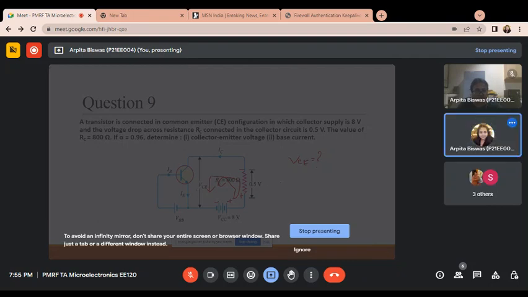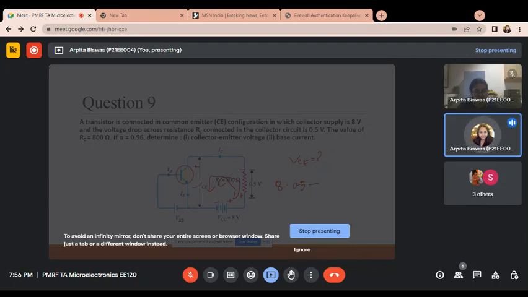How is it? In the first loop, if we are going from minus to plus, then it is positive. Okay, I'm just taking this. Sorry, I consider the voltage. Okay, then 8, then plus to minus, minus 0.5. Then plus to minus, minus VCE.